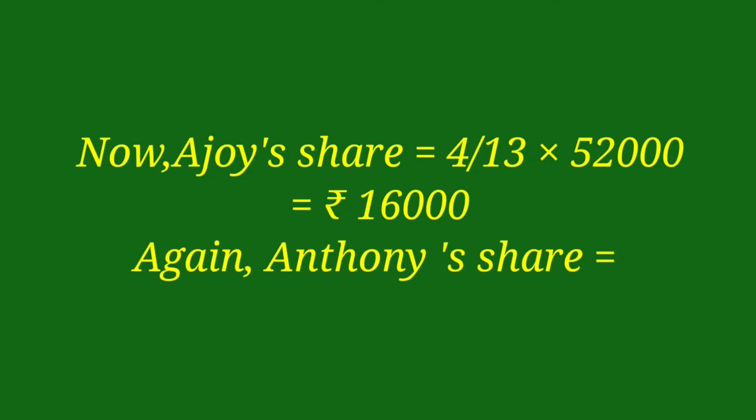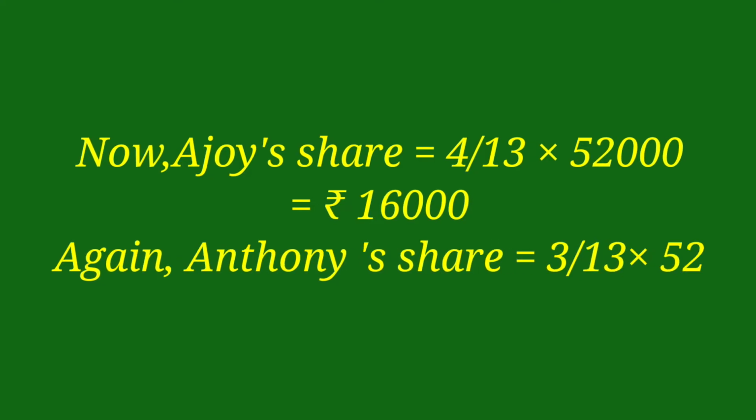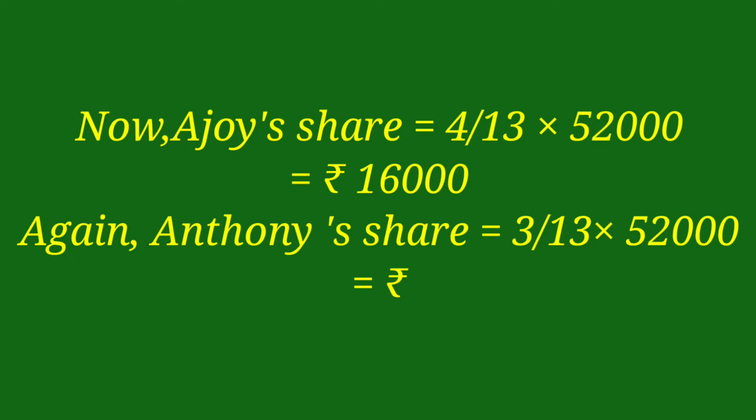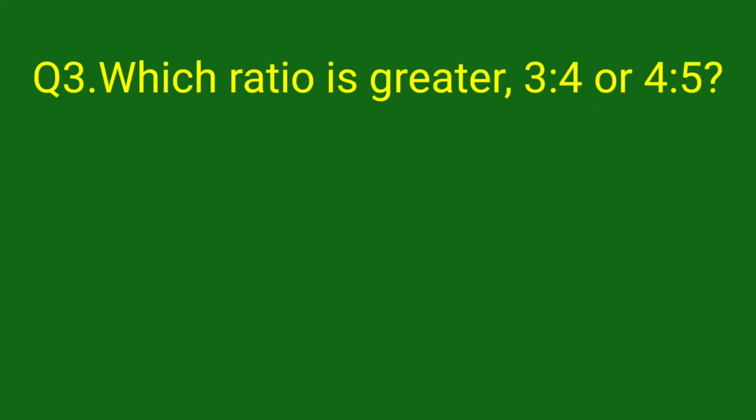So you cancel and you will get 16,000. Again Anthony's share is 3/13 into 52,000, you are getting 12,000 rupees. So if you take them together, you will get 52,000 rupees.